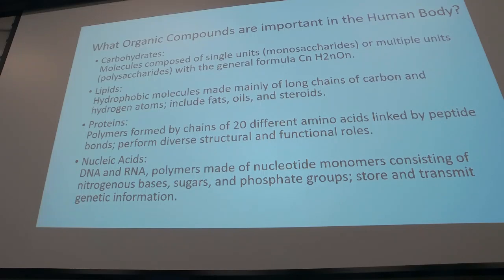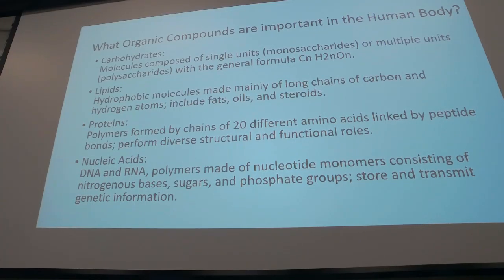Then proteins. I'm going to skip lipids because I'm going to give you an example of monomers and polymers. So proteins are made out of monomers that we call amino acids. And the amino acids that we have to make proteins are 20 different amino acids that in different combinations form different proteins.